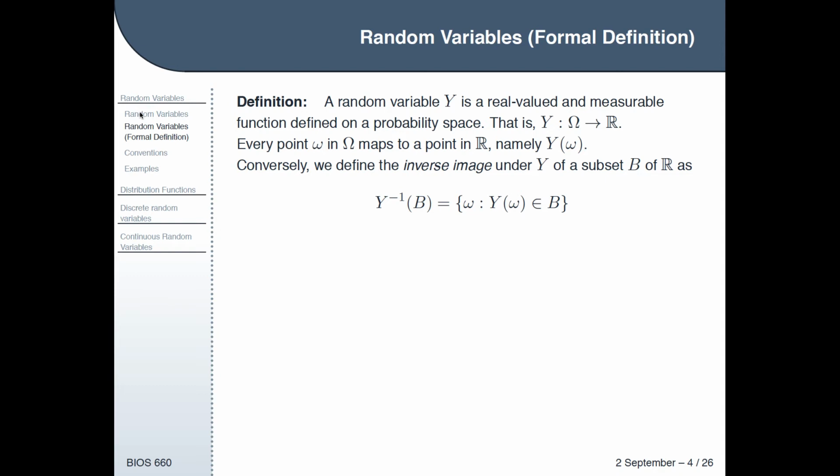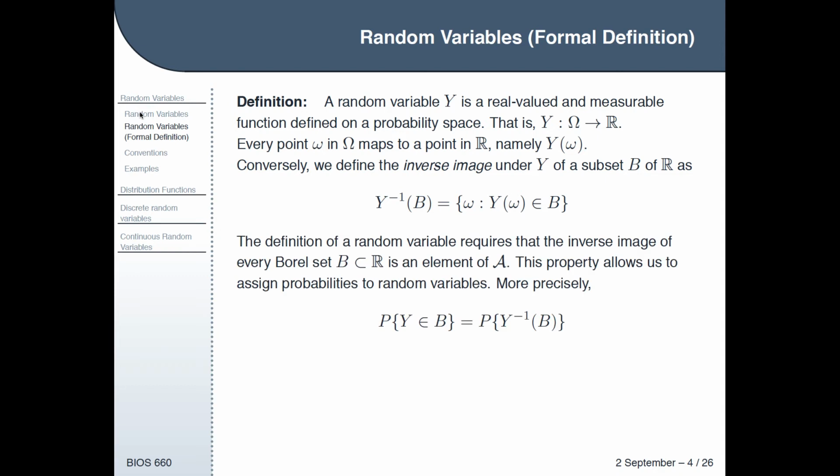So for example, on the previous slide, if B were just a singleton set containing 3, the inverse image of 3 would be heads, heads, heads, because that's the only way you can get 3 heads. If B were the singleton set containing 2, the inverse image would be heads, heads, tails, heads, tails, heads, tails, heads, heads, all the possible outcomes where there's exactly 2 heads.